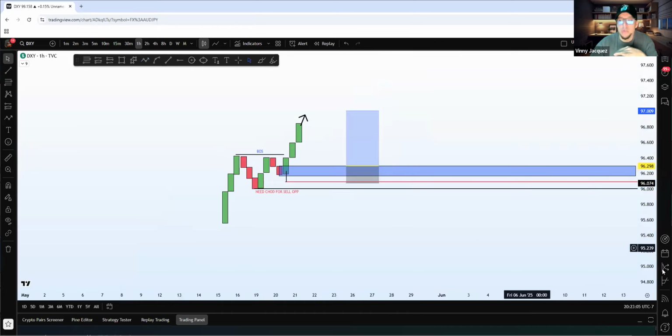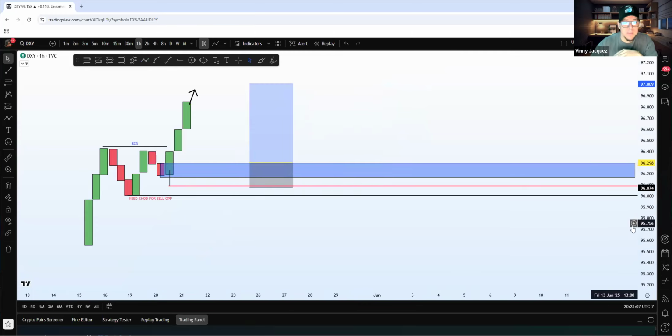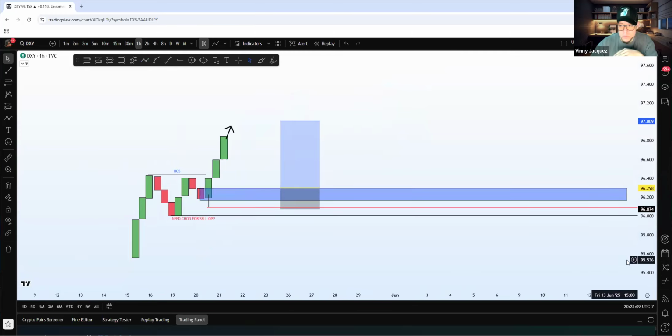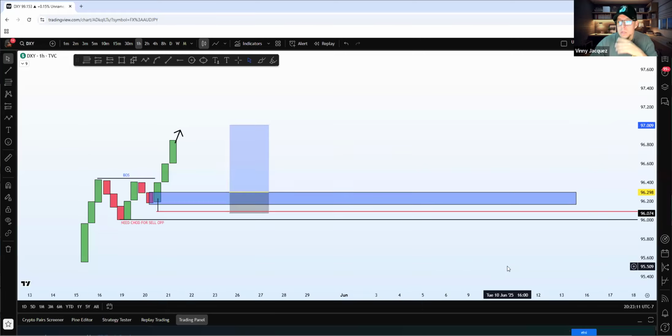So I'm not saying you can't take these counter trend sells. I'm saying you don't have to, right? And this is how we stop ourselves from trading every single day. Sometimes these continuation moves happen once every 2 to 3 days, maybe even once a week.